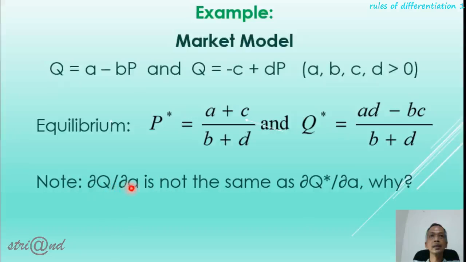This one is the derivative of q with respect to a, so we are talking about the demand function. And this one is about the equilibrium quantity. So the result will be different.